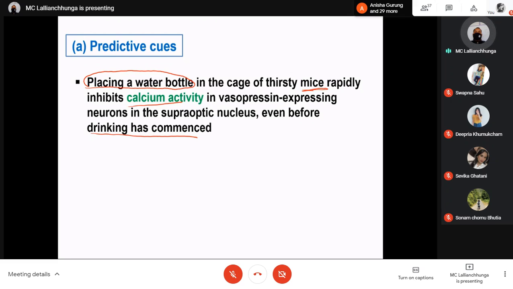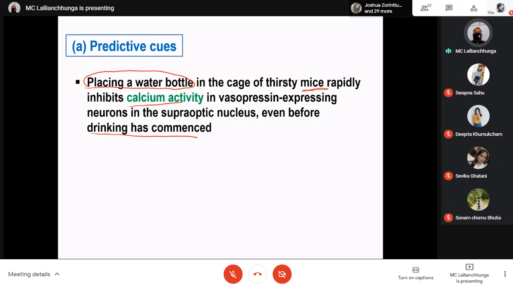We all know very well that this psychological input is very important to control so many physiological processes inside the body. Just by smelling some food, if you are feeling hungry, salivation will take place. Just like that, here also, just by placing a water bottle in front of the mice, a signal is sent to the brain that inhibits calcium activity in the supraoptic nucleus.